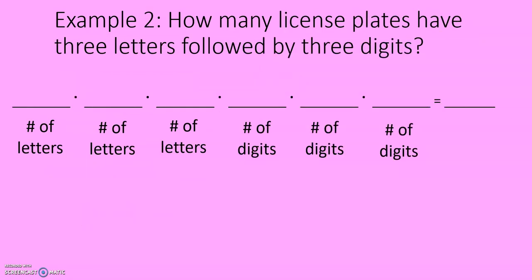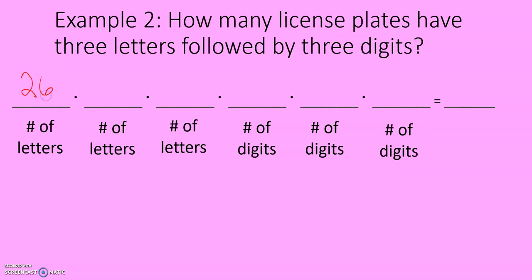Example 2. How many license plates have 3 letters followed by 3 digits? In this case, we're talking about license plates that have 6 items on them. And license plates can have repeat letters and repeat numbers.